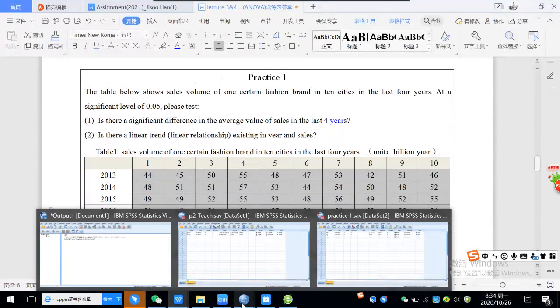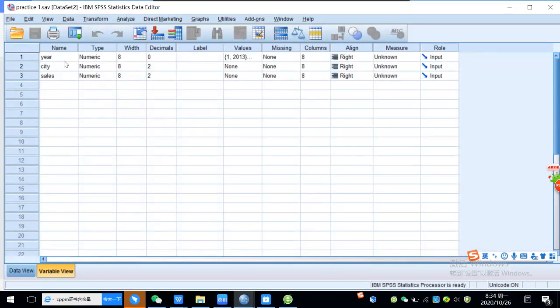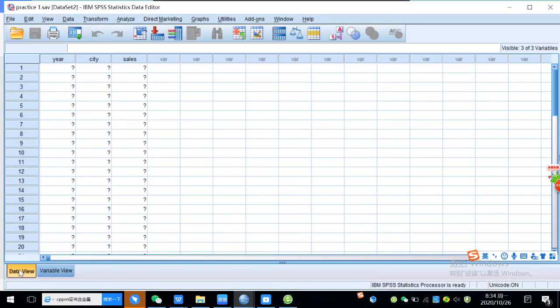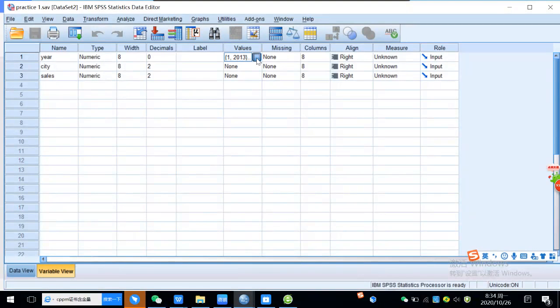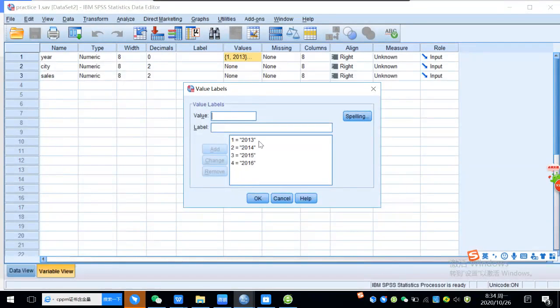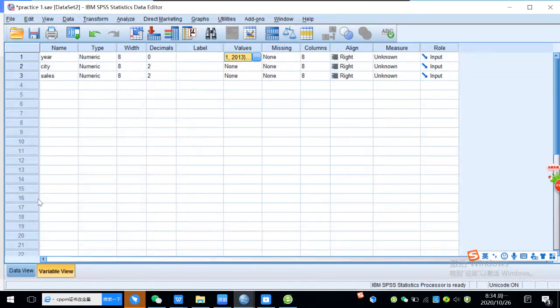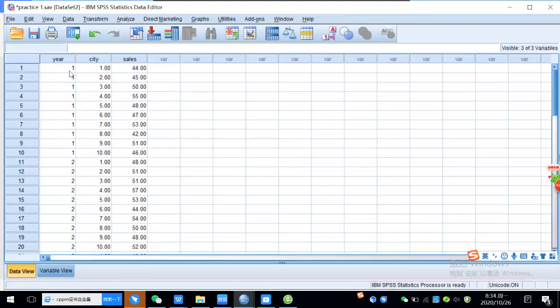Here is the data file. Year, city, sales, and because 2013, yes, we label it 1. 2014, label 2. 2015, label 3. 2016, label 4. Then here, 2013, number 1 city, sales 44.